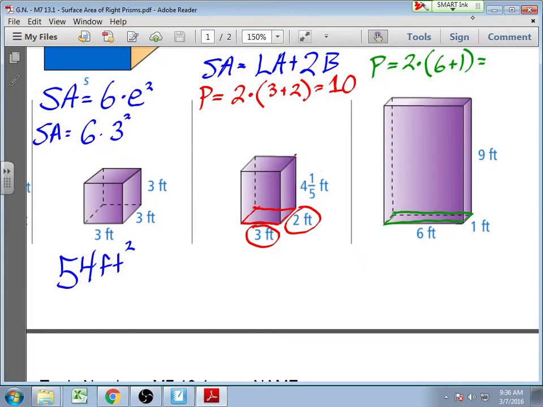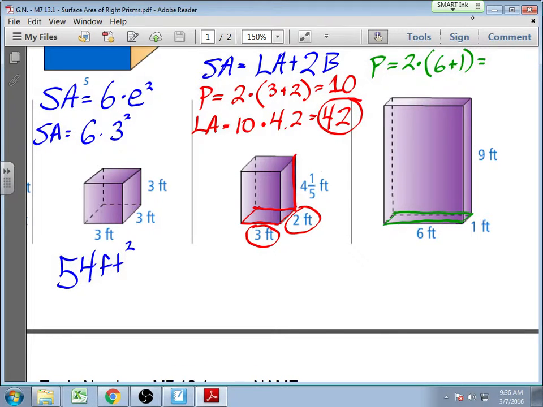Now the height here will be that 4.2. 4 1/5 is going to be 4.2. So my lateral area will be that 10 times 4.2, which is actually 42. I'm going to circle that because it's part of my area. I'm going to use it in my area. And I'll label it when I get to the end.